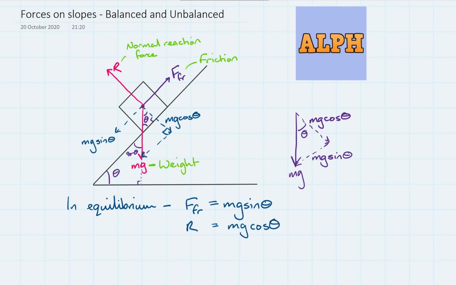Remember, in equilibrium means at constant speed. In fact, it's better than that. It means at constant velocity. And that includes 0 meters per second. So it includes but isn't exclusive to not moving. It could be going at a constant velocity.